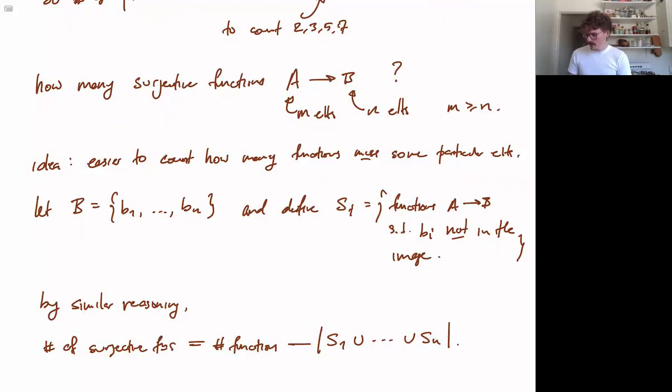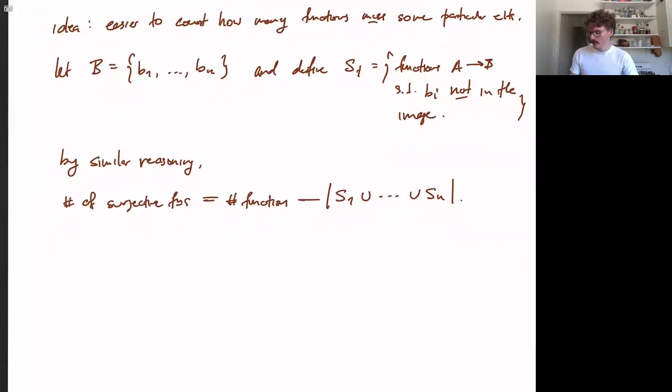Basically because S sub I is the functions that do not have that thing in the image. So the union of all these sets is the functions that are not surjective. So the functions that are surjective is just the complement, and we count it like this.